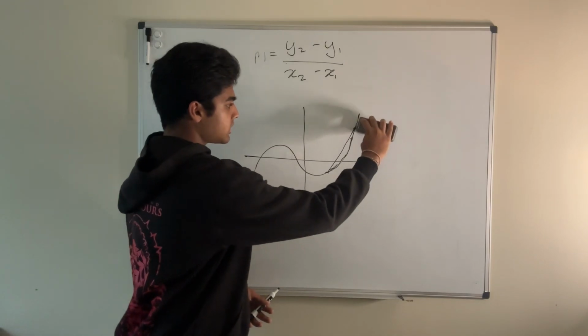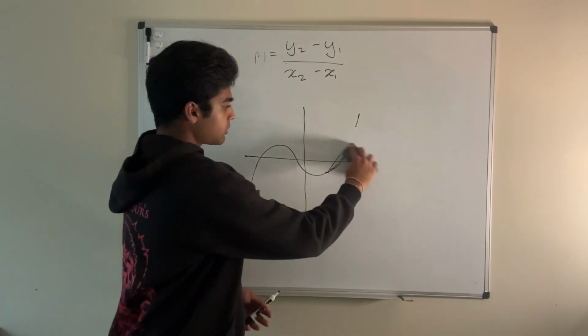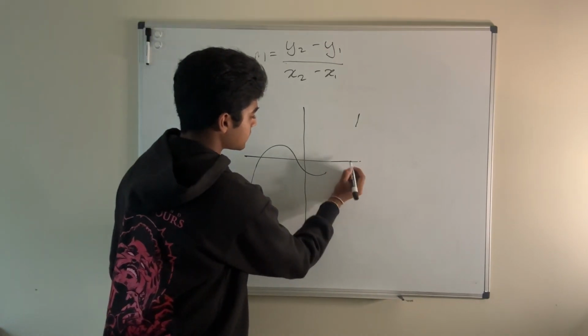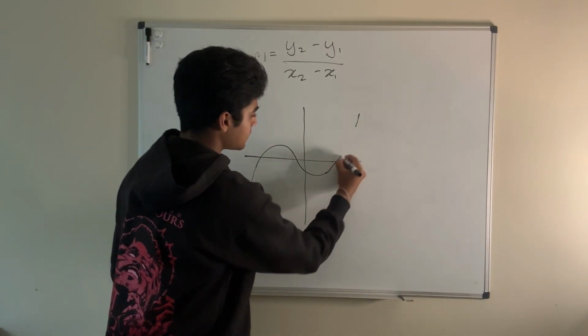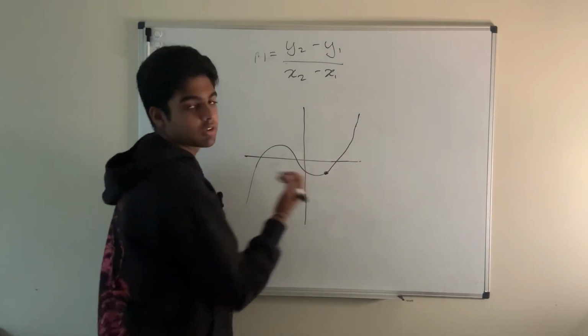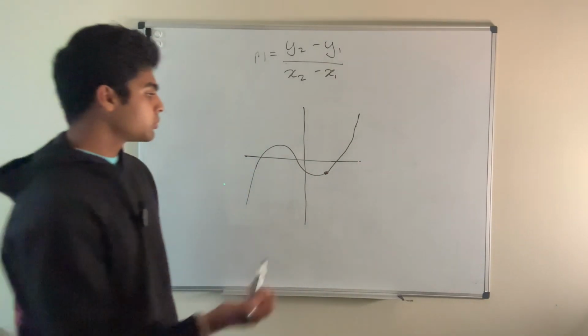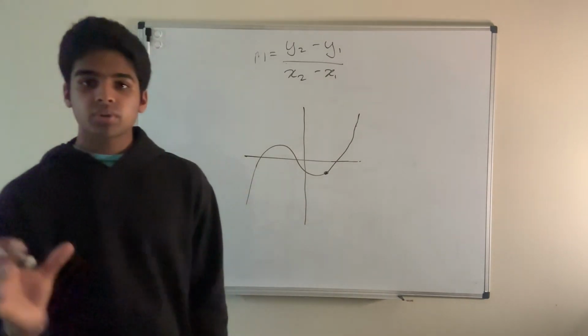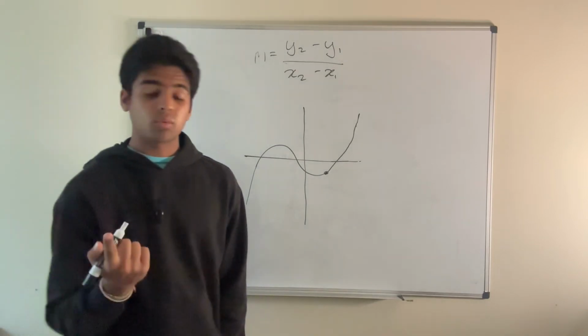So suppose we wanted to find, I'll redraw this graph, the derivative of this graph at this point right here. First, we draw a tangent line to the graph at this point. A tangent line is where the line only intersects the graph at 1 point.